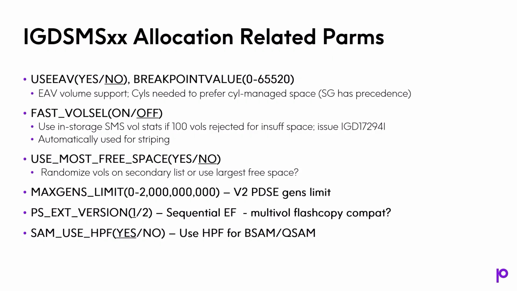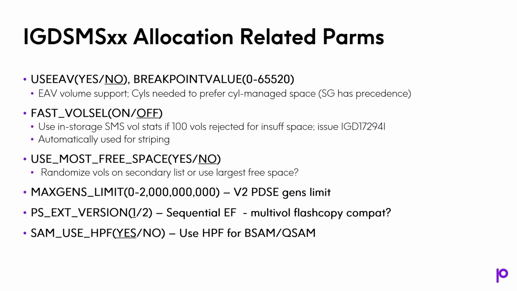If I want to use EAV volumes, that is volumes more than 65,000 cylinders in size, I have to specify use EAV equal yes, and I could take the default breakpoint value, or I can specify a different breakpoint value, which says how large the data set has to be before it's allocated into the cylinder managed space. So if we're going to use EAV volumes at all, we have to turn on use EAV equal yes. And this breakpoint value is only used if there's no value specified in the storage group. You can also specify the breakpoint value in the storage group.